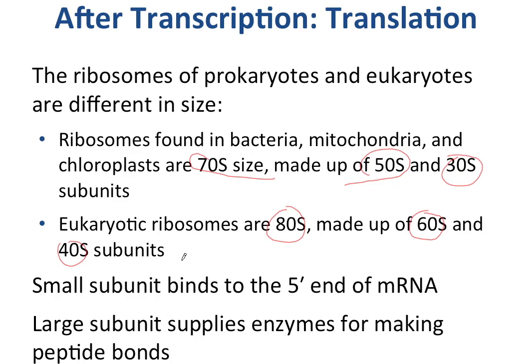They can bind to the 5' end of the messenger RNA and read in the 5' to 3' direction. The large subunit supplies the enzyme for protein production.